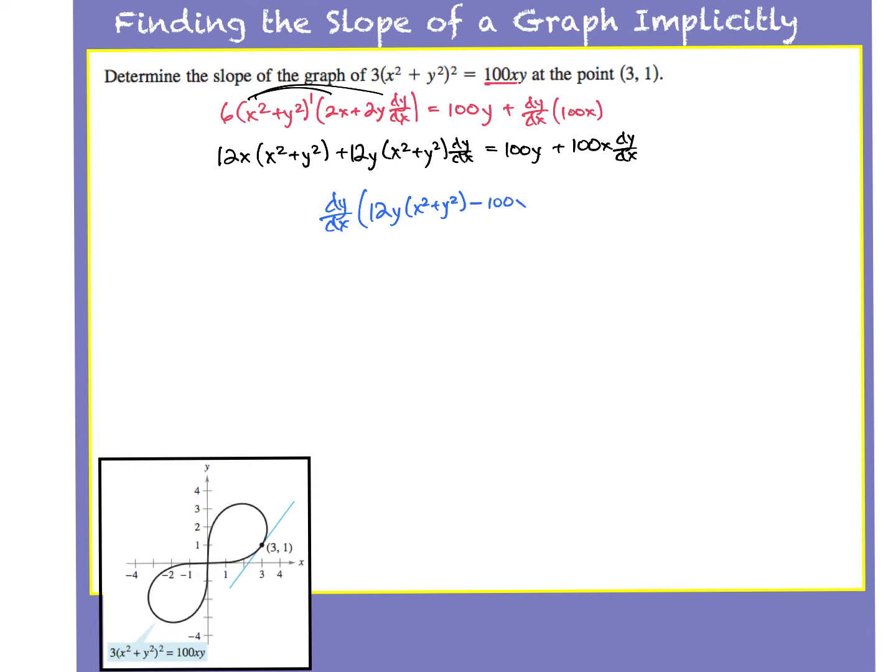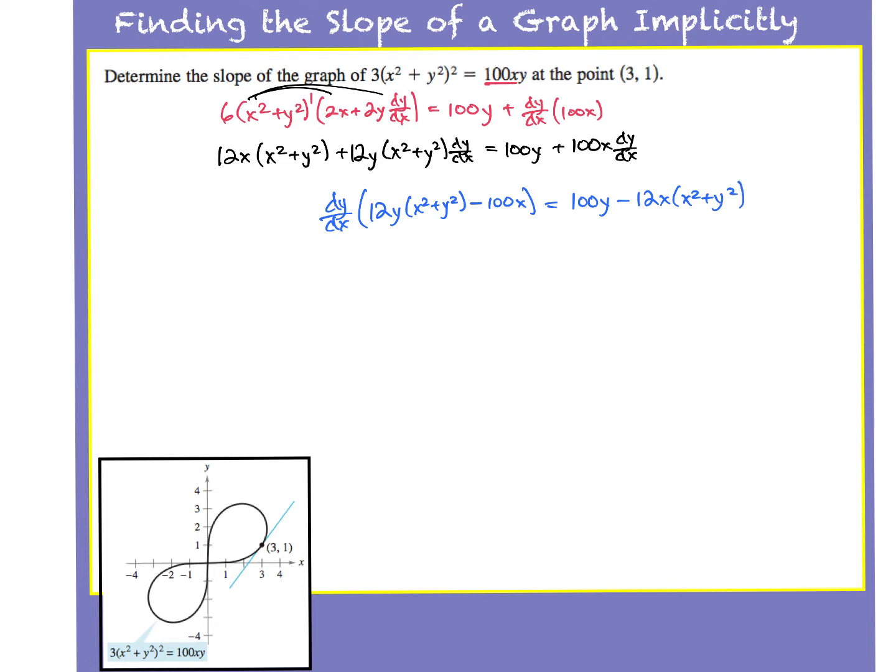Minus 100x. I already just factored out my dy/dx, so I didn't have to do it. And then that's going to be equal to 100y minus 12x times the quantity x squared plus y squared.